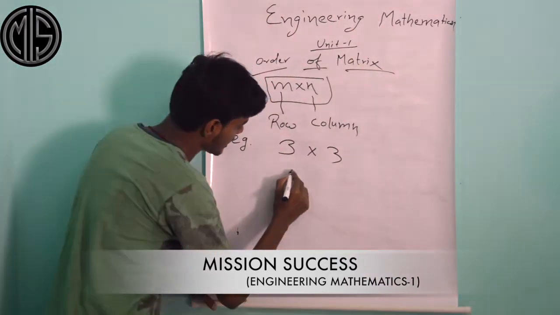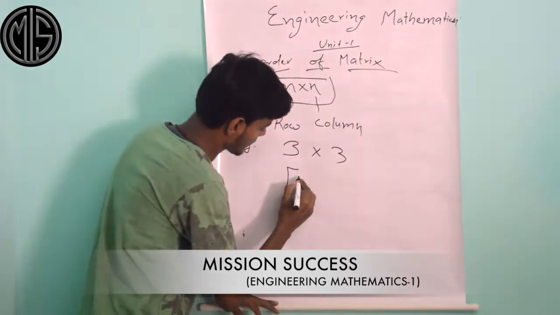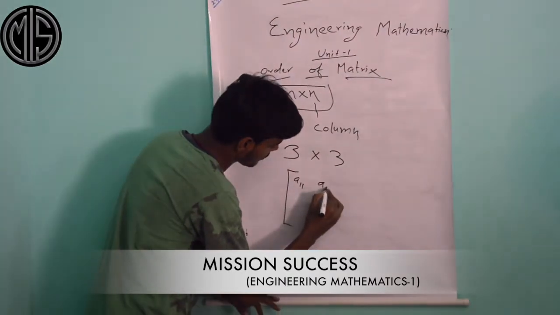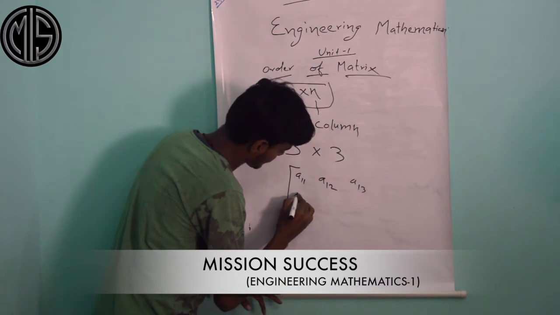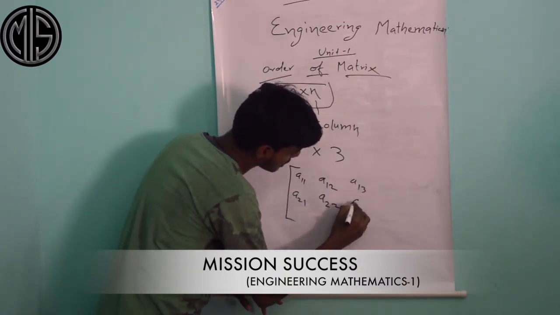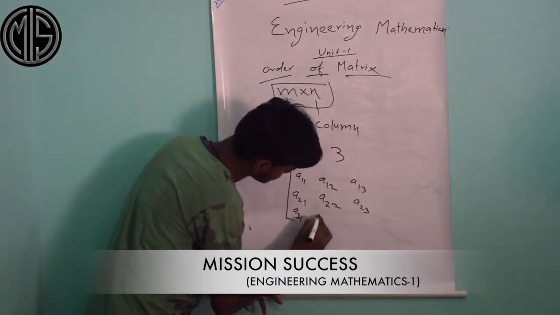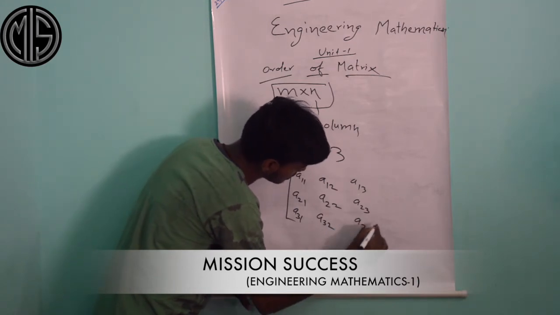We can write it like this: A11, A12, A13, A21, A22, A23, A31, A32, A33.